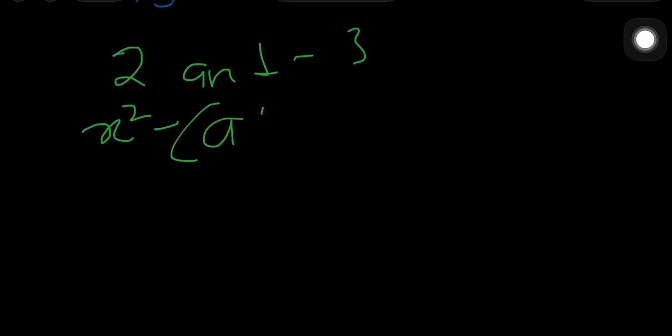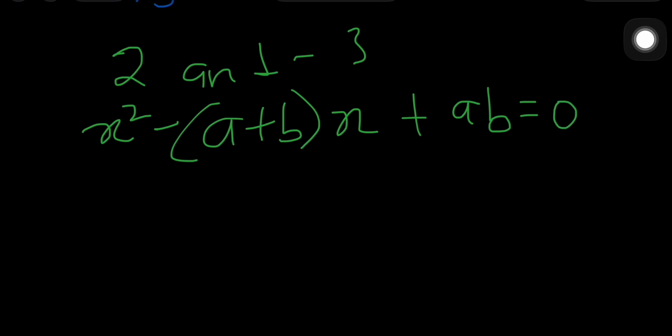Now for the second method, for example, if I'm given 2 and -3, what I do is I use the sum and the product. That formula is given as x squared minus the sum plus the product equals 0.